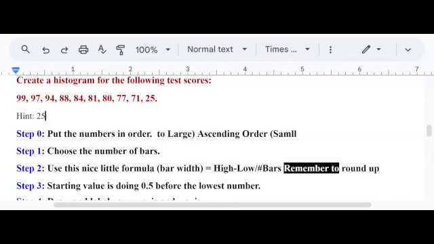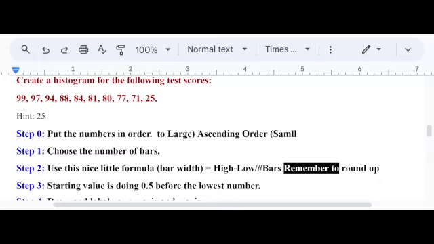How much if you subtract? 74. 74 divided by 4. How much? 18.5. We will not take the 0.5, we'll take the number after that. What's the number after that? 19. So round up. Even if it's 18.4, it's still rounded up to 19.